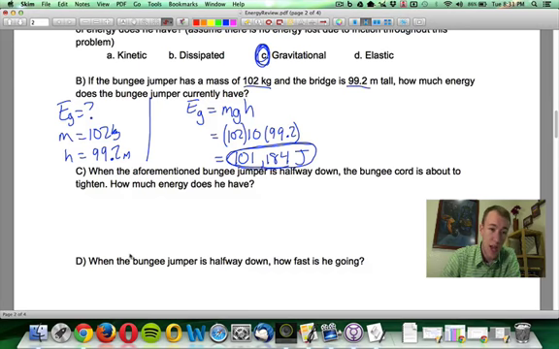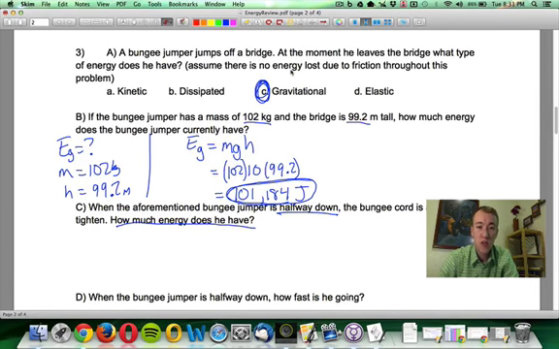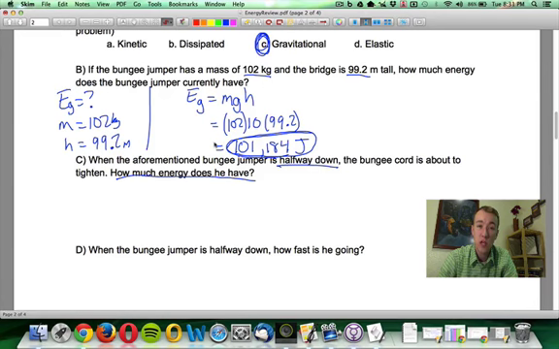And it says, how much energy does he have when he's halfway down? Well, up above here, it says assume that there's no energy lost, so no energy dissipated. If he's not losing any energy and he's not gaining any energy, he's still going to have this same amount.